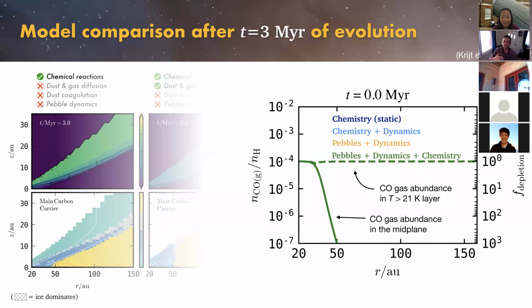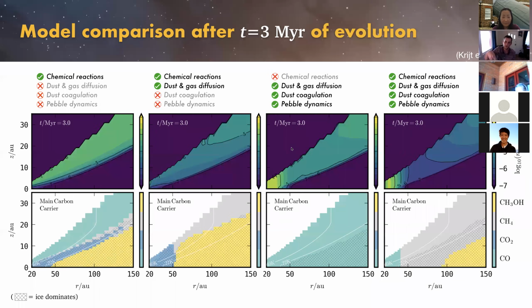So if you ignore the chemistry completely and only focus on transport and freeze out, you get into this picture here. Here, I've been able to hide about 90% of the CO that was originally here; it is now sitting in the midplane, just by vertical transport and condensation on larger grains.